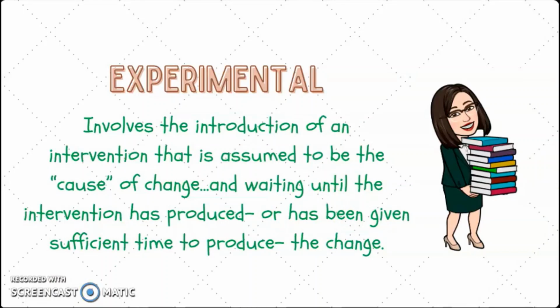The experimental study design is actually the most common study design for students. They are assuming that something is causing the change. For example, the effects of ODL on the academic performance of this particular set of respondents. So the independent variable or the intervention that is assumed to be causing some type of change is the ODL.